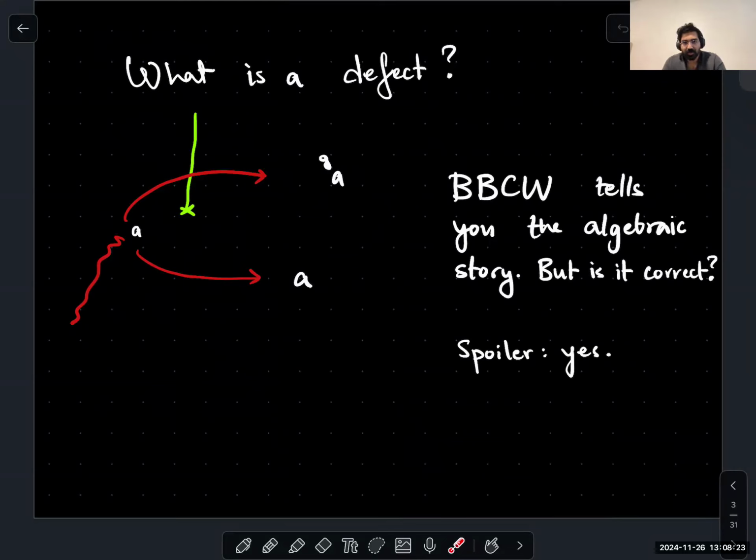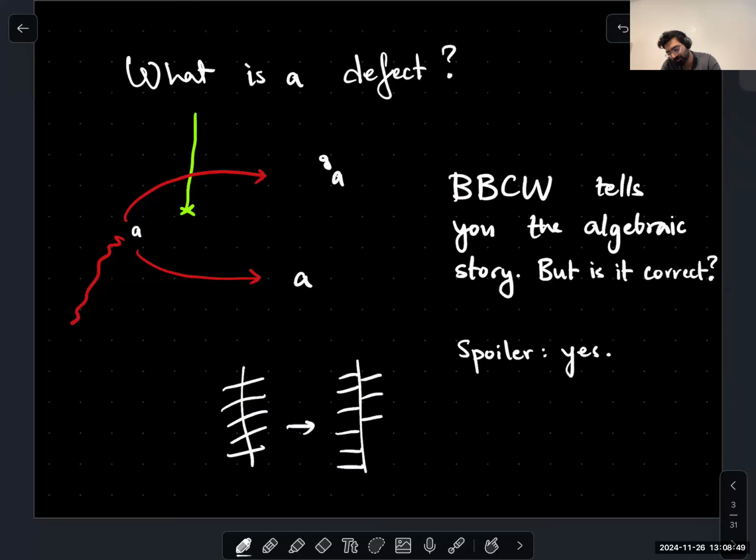Okay, what is a defect? This term is kind of overloaded in the literature. There are many kinds of defects, I suppose. Common ones are lattice disclinations. So you have a lattice like this, but then let's say the lattice is shifted a little bit.